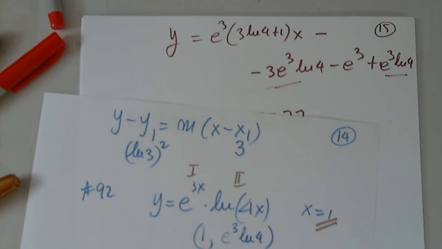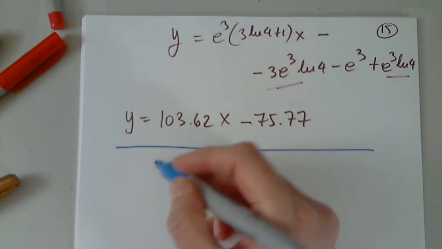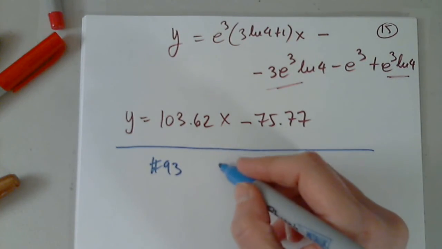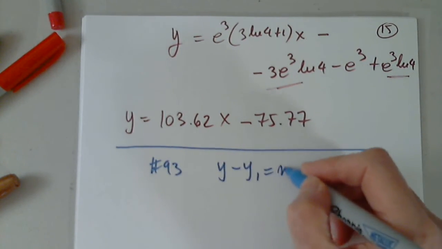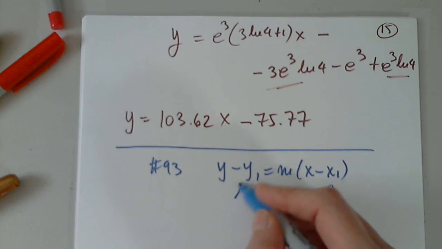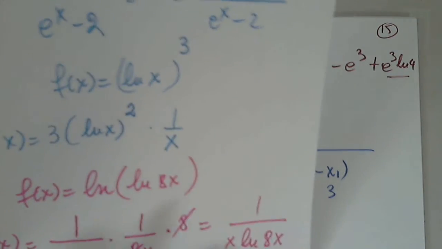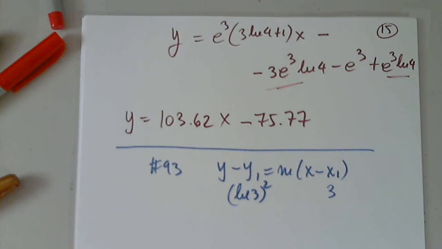So I have y minus y1 equals the slope times x minus x1, and the function was natural log x squared.